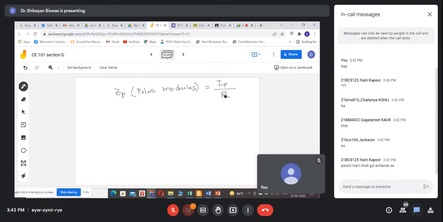If we take this ratio, we can find the polar modulus ZP. So T, the moment of resistance offered by the shaft cross section, can be written as T is equal to tau max.